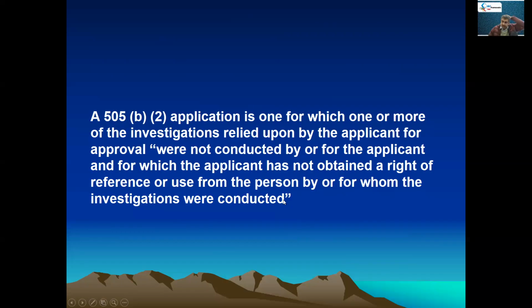This we have already discussed, which means part of the clinical data that is used for the approval of the 505(b)(2) application was not generated by the applicant and has been picked up from some other source. And those two sources are: the first one is the literature and the second one is the agency's previous findings on safety and effectiveness of an already approved product.